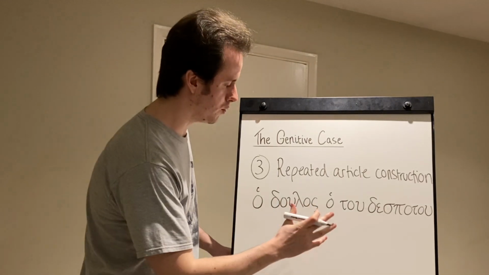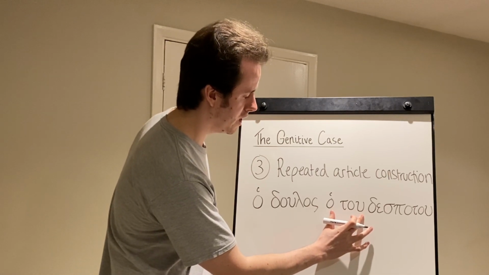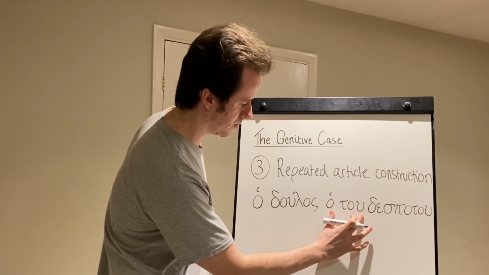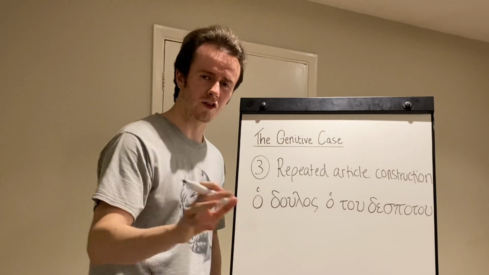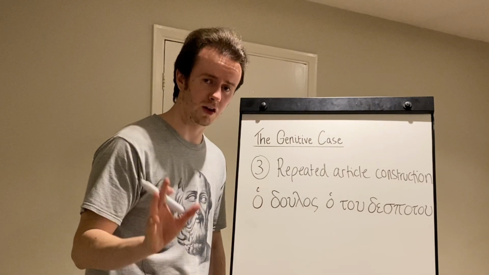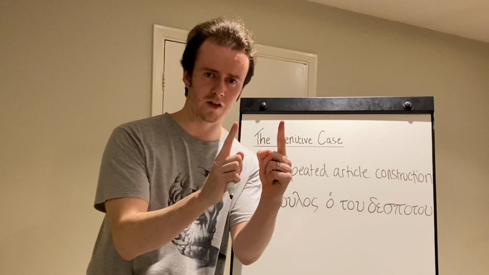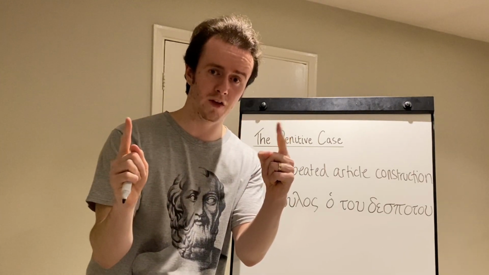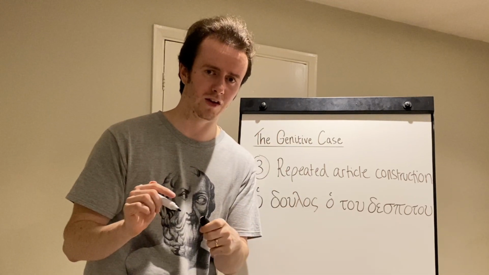And please note that you also see two definite articles next to each other in the repeated article construction. But in the sandwich construction, you have not got an article being repeated. You've just got the definite article, the genitive sandwiched in the middle, and then the noun that is going with that initial definite article on the other side of the genitive.